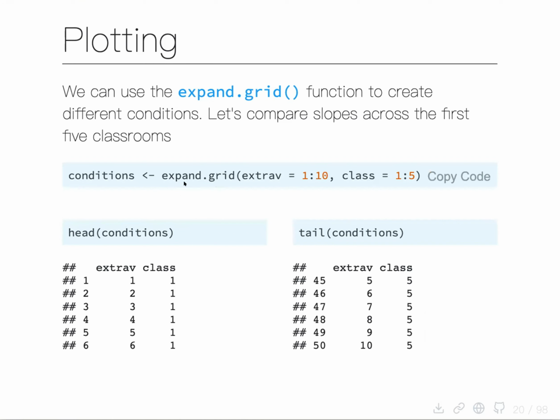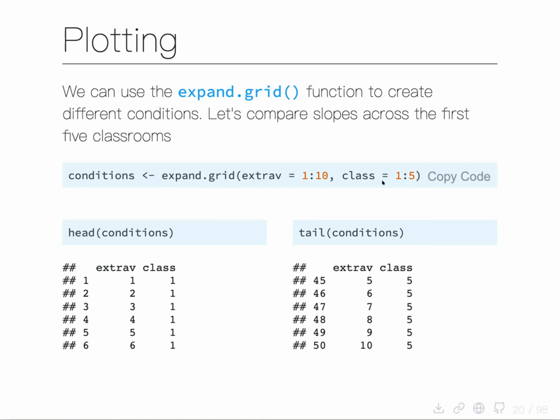So what this expand.grid function does is it takes arguments, 2 vectors, and then it's going to expand them so that you have every possible combination. So here I have xtrav is 1 to 10 and class is 1 to 5, all right? So for every class, we're going to get xtrav 1 to 10.